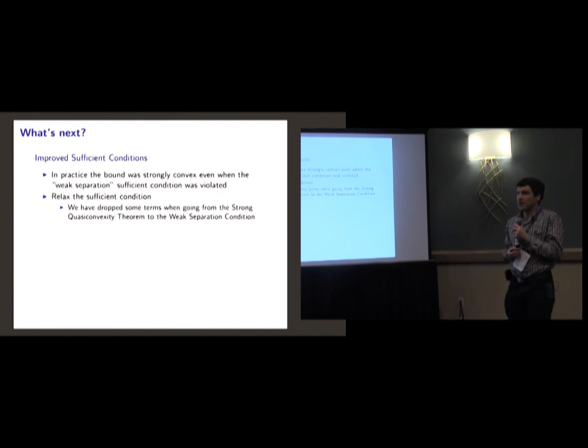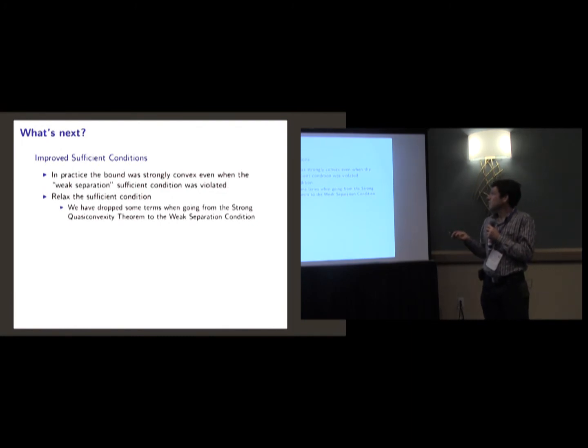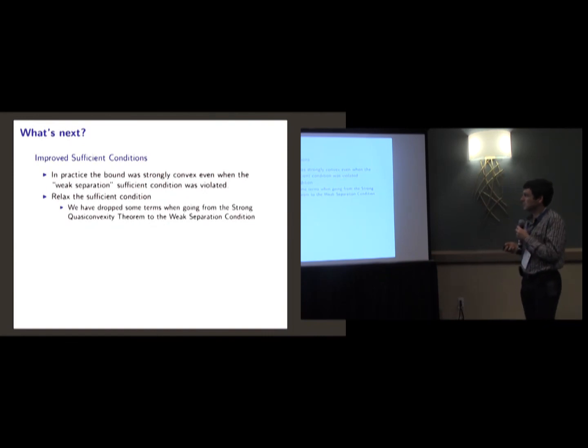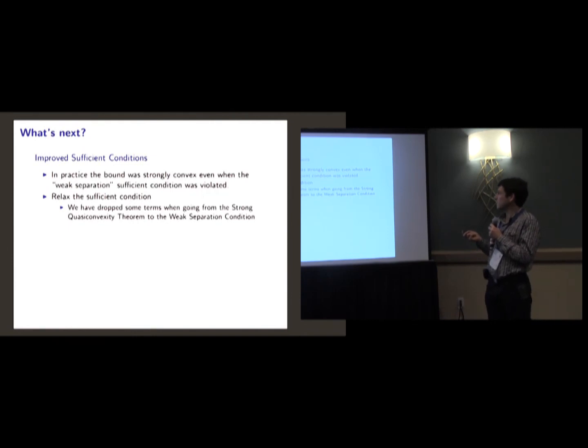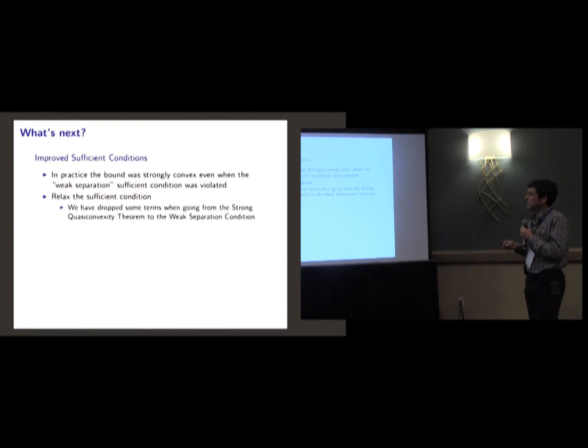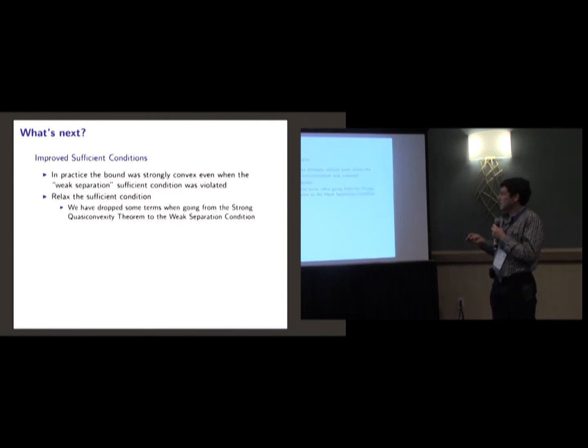What's next? Some ideas on what could be done. The first direction is to improve the sufficient conditions for strong quasi-convexity. In practice, our bound was strongly convex even when the weak separation sufficient condition was violated, and this suggests that we can probably relax the sufficient conditions.